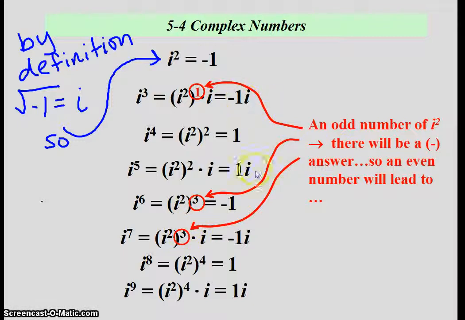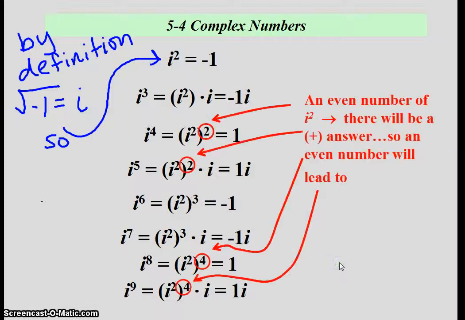I have -1i, I have -1, I have -1i. I have an odd number of i squares. If I have an even number of i squares, there will be a positive answer. I have 2 i squares, 2 i squares, 4 i squares, 4 i squares, so I have some positive answers.